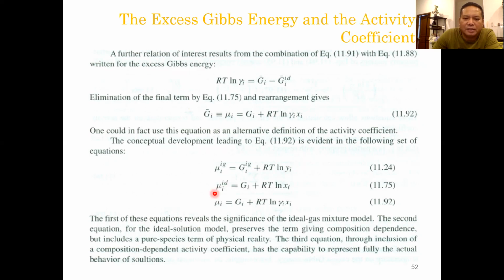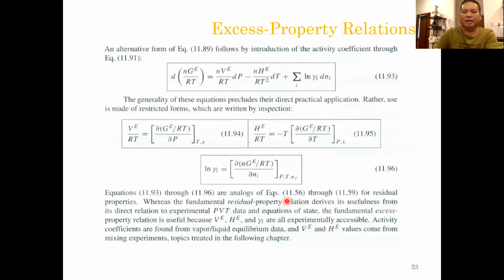For the solution, it's X. And for the whole system, the solution, this is the activity coefficient times the solution fraction. And then we can manipulate it around. It's the same thing, guys. Previously it's for residuals, but now it's for excess.